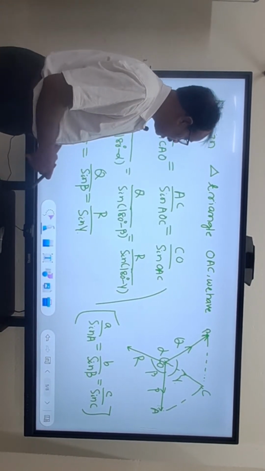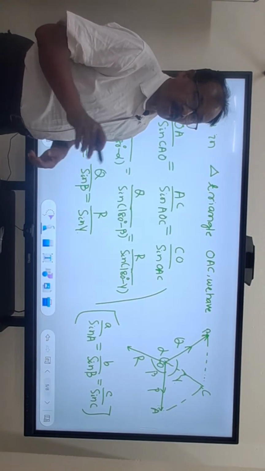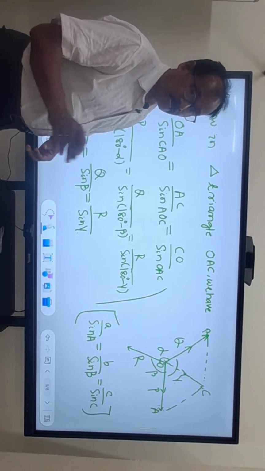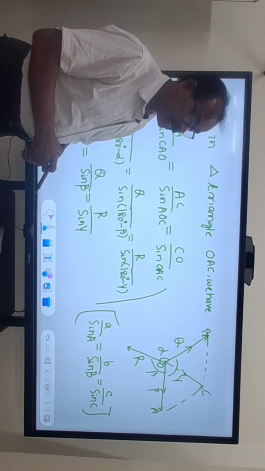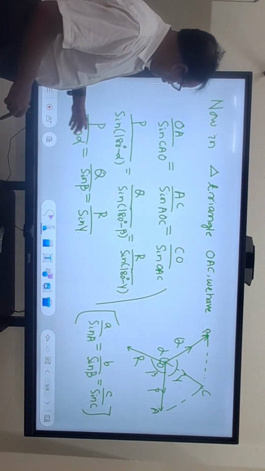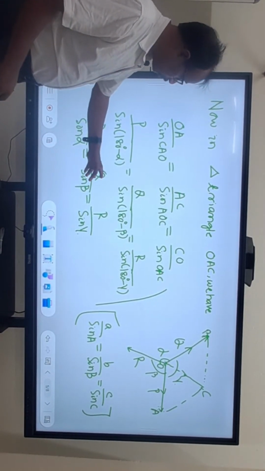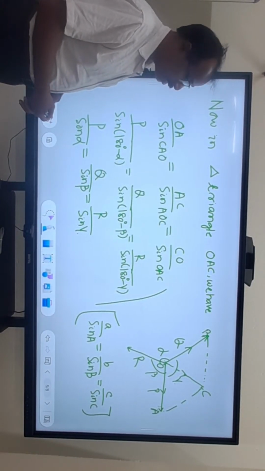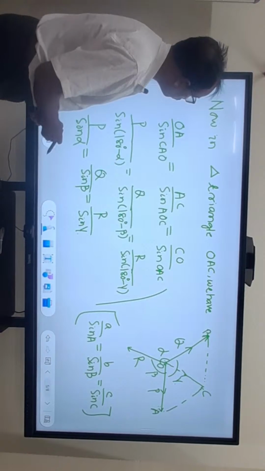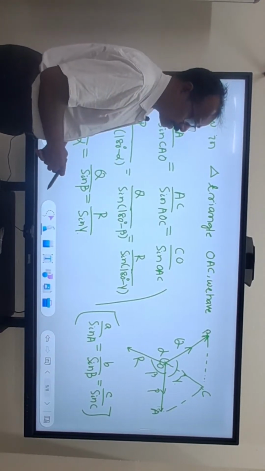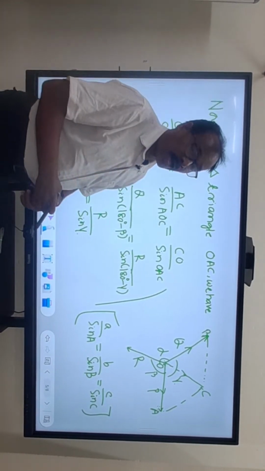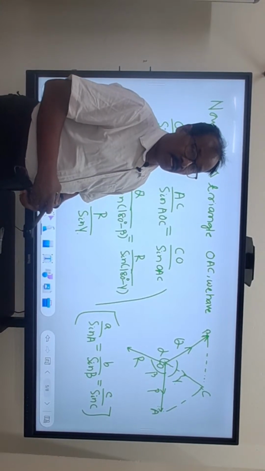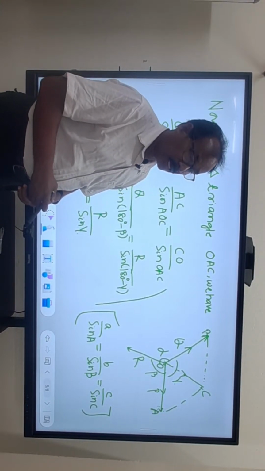You know that sine (180 minus theta) is equal to sine theta. Therefore, P by sine alpha is equal to Q by sine beta is equal to R by sine gamma. This is the proof of Lami's theorem.